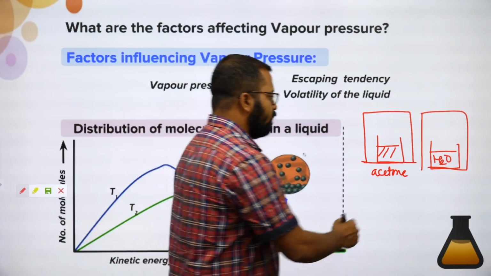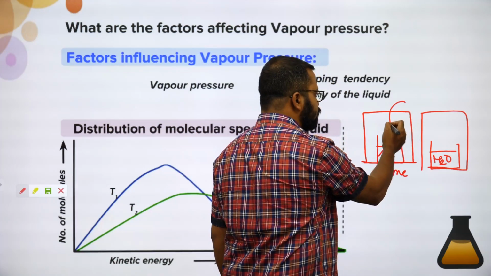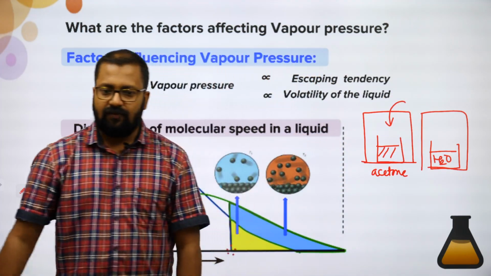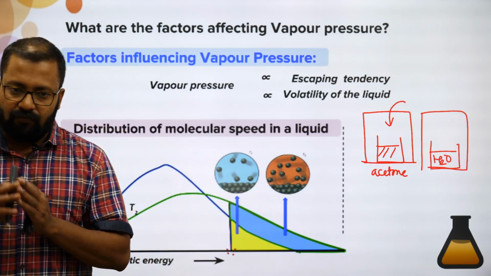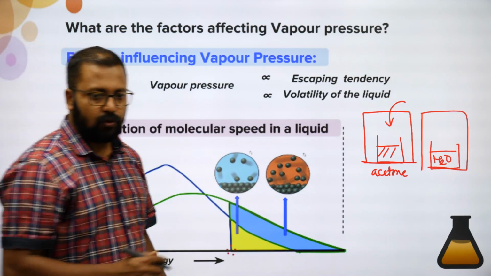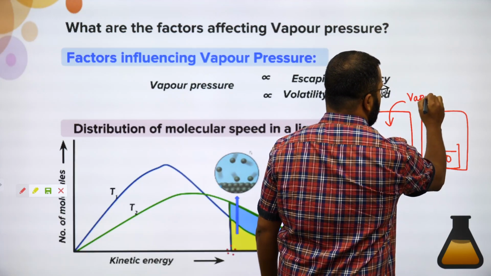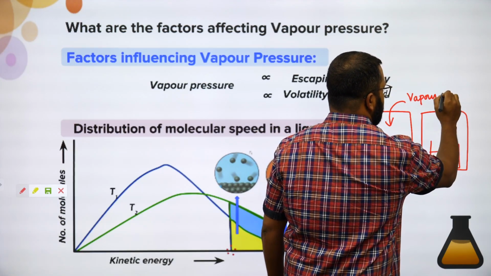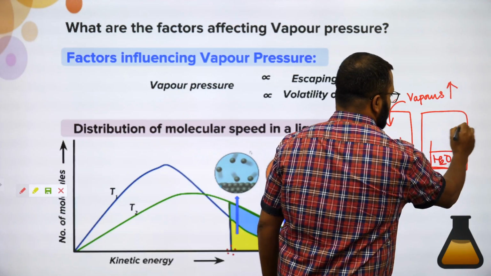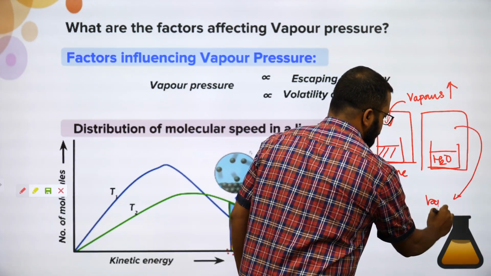In which case will we have more vapors? Acetone will be higher, so more vapors. In this case vapors will be less.